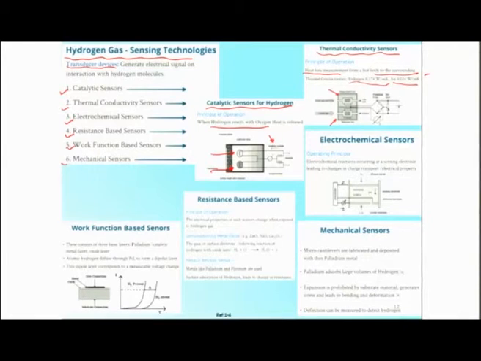Then there are of course electrochemical sensors, which operate on the basis of electrochemical reactions. Hydrogen is a gas which is bubbled in, as you know, in a standard hydrogen electrode as well, and it creates a reaction where a one molar concentration of acid electrolyte is maintained with a platinum electrode, and it basically gives out a voltage response of about 4.02 volts.